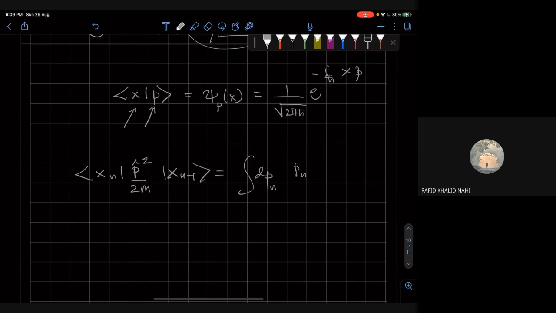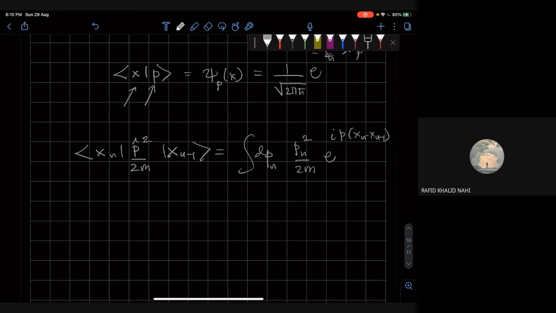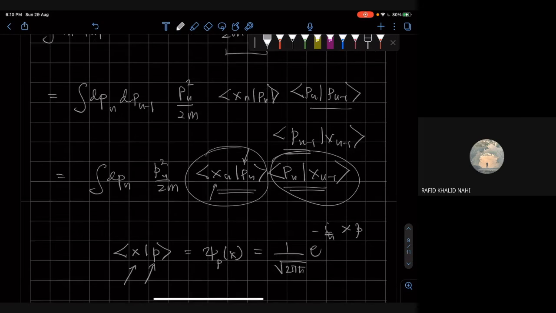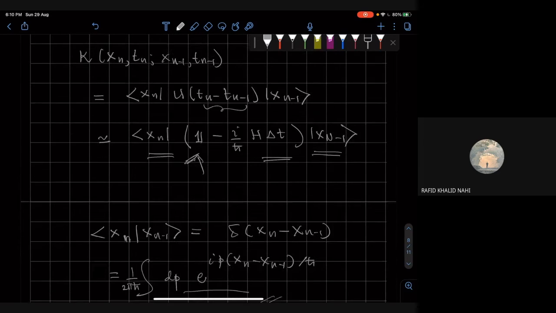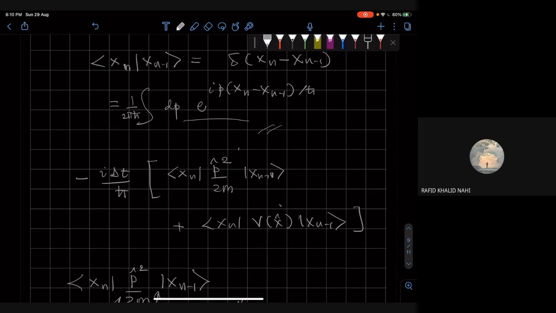Then there's going to be p_n squared by 2m, e to the power i p (x_n minus x_{n-1}). Okay? So this takes care of the second term in the Hamiltonian. Now we come to the last term.